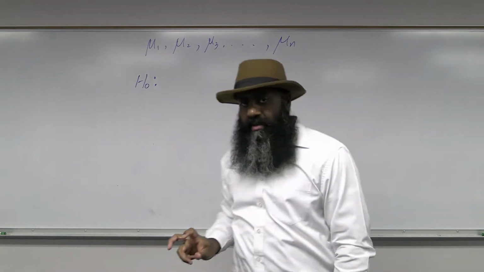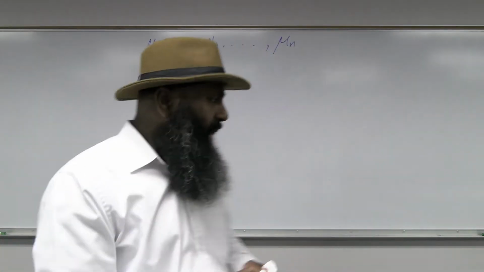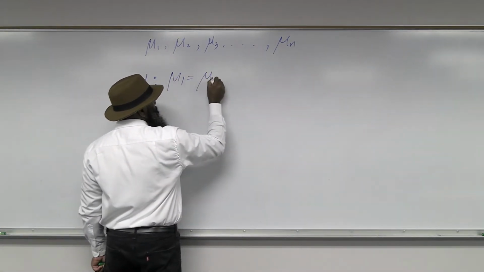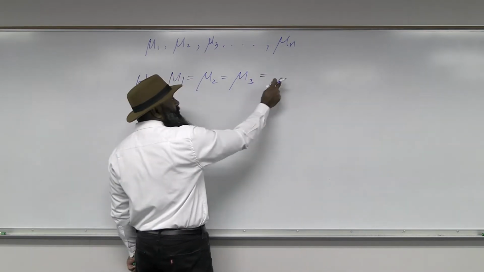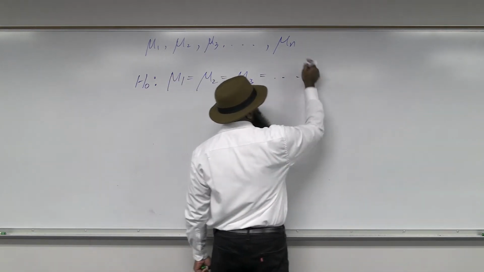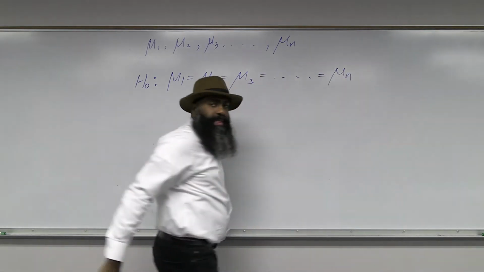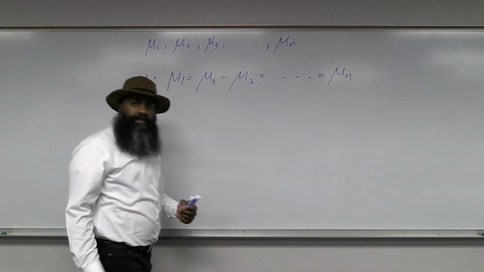So the null hypothesis can be written as all means are equal. You can write it in words or you can write it in symbols this way: mu1 equals mu2 equals mu3 equals, if you have the 4th one, mu4. And if you have up to n, you can write them just like that. Of course, writing it like this is always very easy.